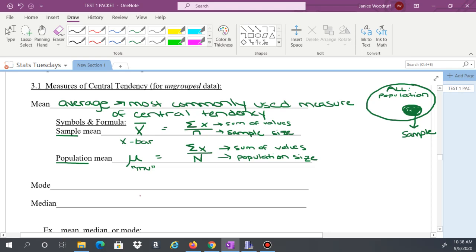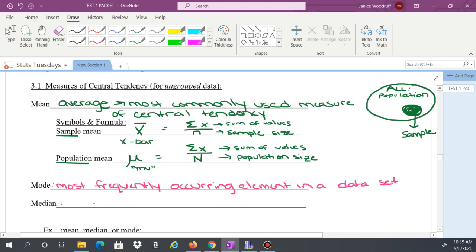Okay, then we have mode and median. Mode is the most frequently occurring element in a data set. And then the median, you remember what the median is?